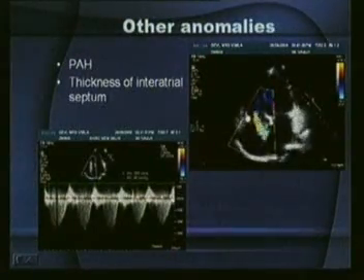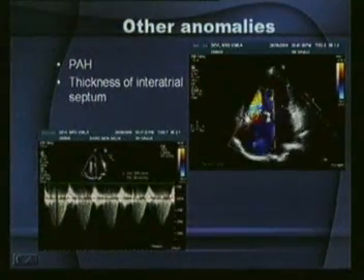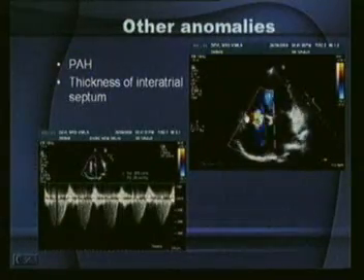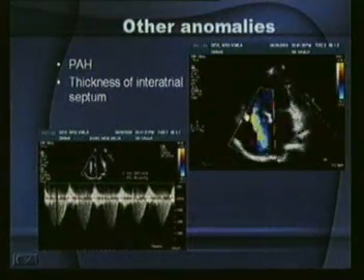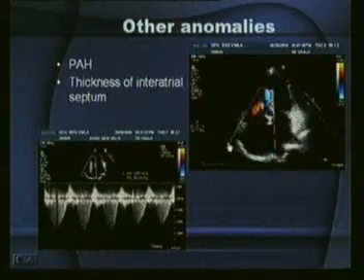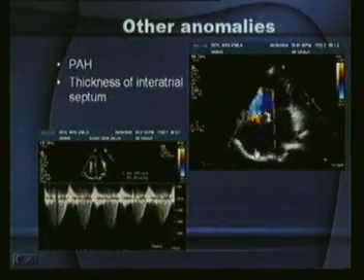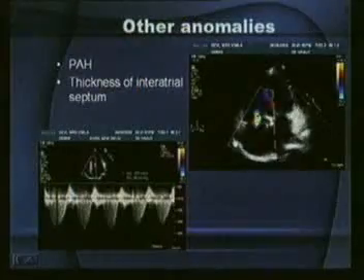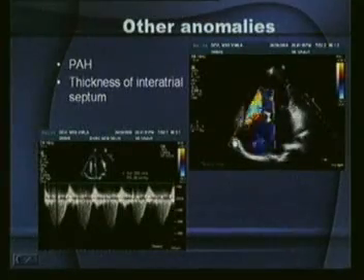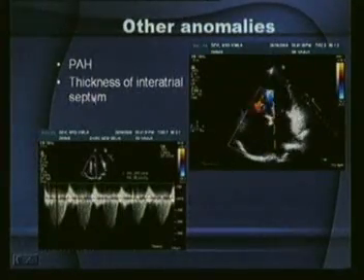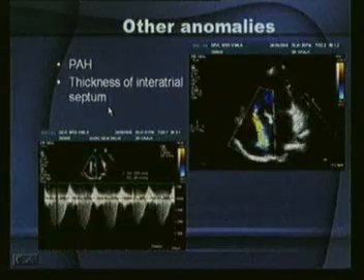This is extremely important because sometimes the TR jet may be large, but the PA pressures may be low. That gives you an instant pointer. This may be organic TR. Don't be surprised. TR is a common associated anomaly of mitral valve disease, and functional and organic TRs are not so uncommon. And of course, the transesophageal echo will give you the thickness of the interatrial septum.